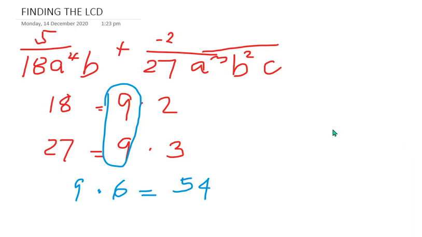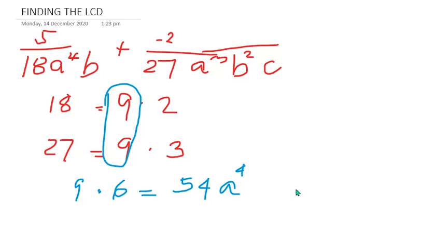And then, how about, ma'am, the variables and exponent? So, get the variable with the highest exponent. Now, we have here A. We have here 3 and 4. So, the LCD is a to the 4th.